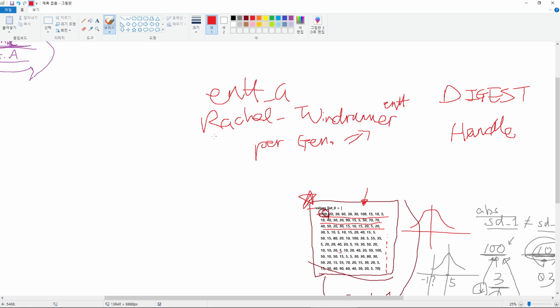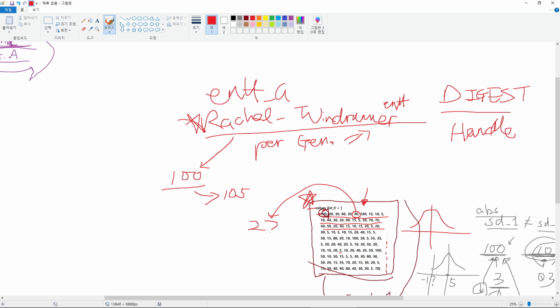This entity has the tendency to take the first item with a utility value of 100, for now fixed, but this entity has the tendency to take this fixed value and digest it, or take it as 105, and maybe takes this value of 30 and then takes it as 22.